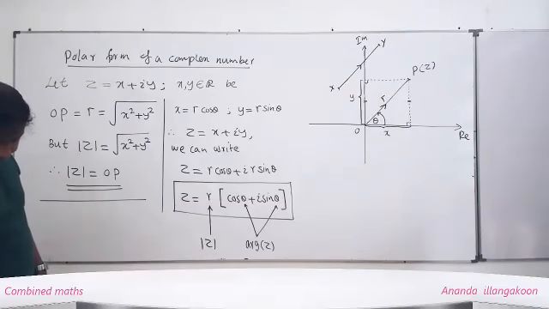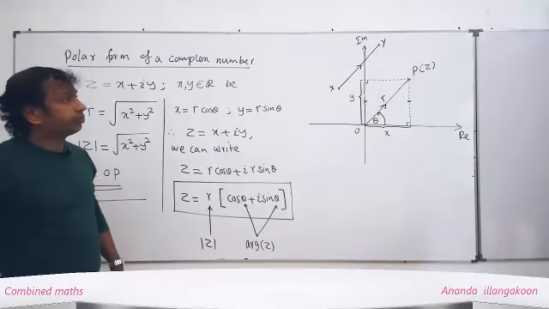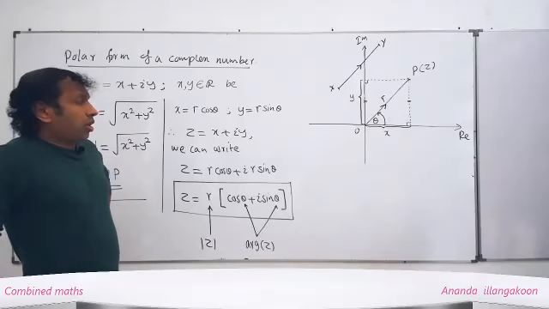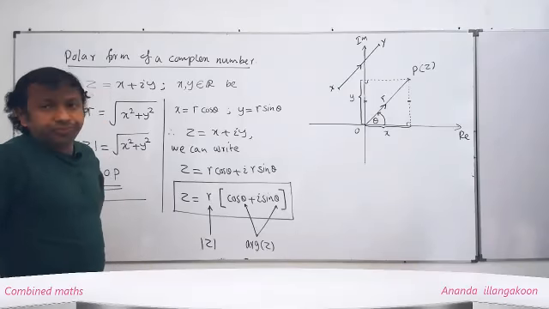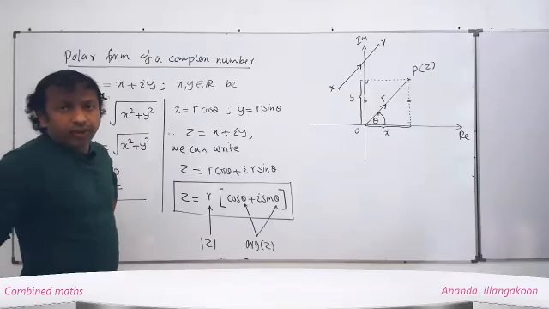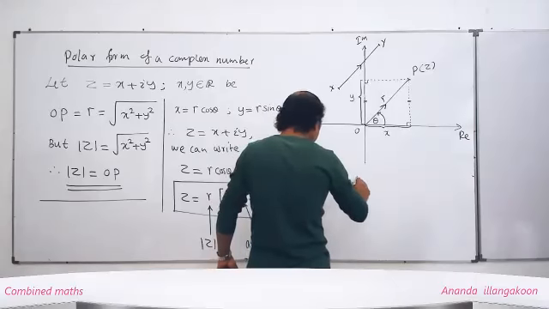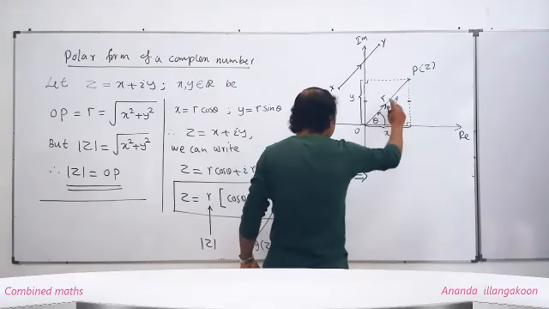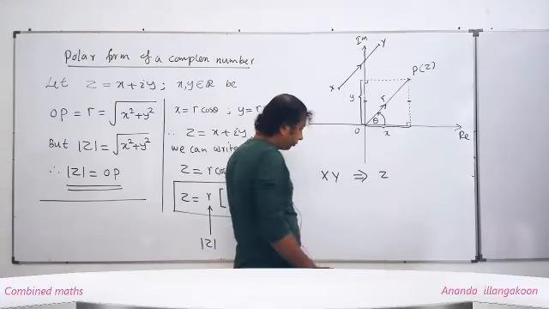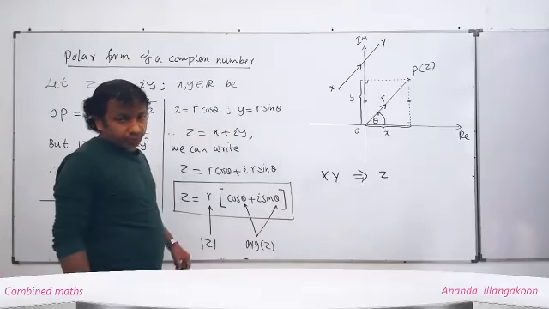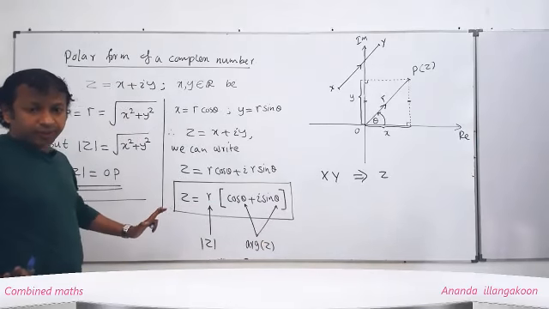Right, people? Okay? Now, the XY line segment gives us the complex number Z. Because of this, you can very easily accept that.